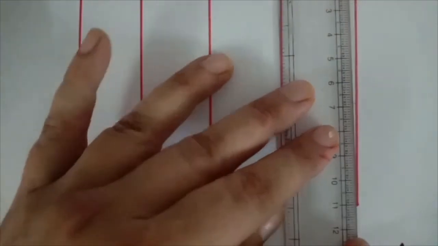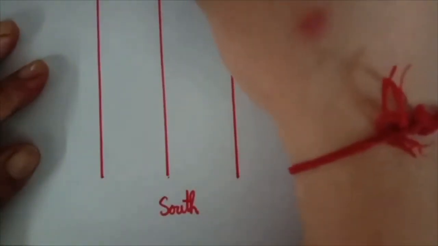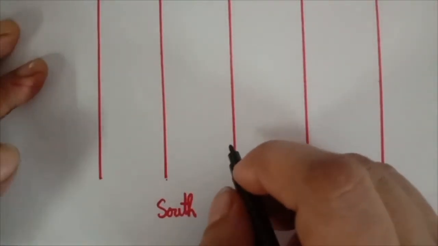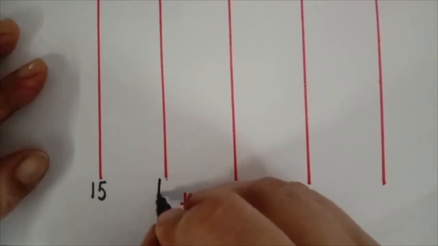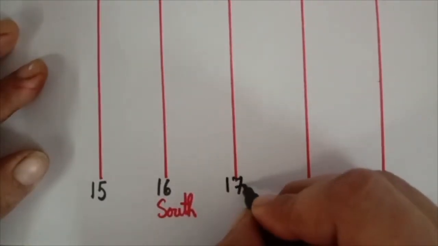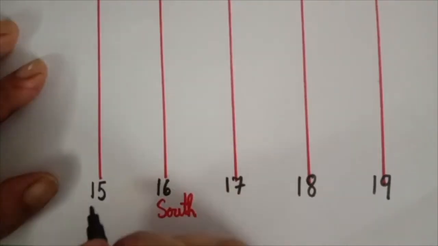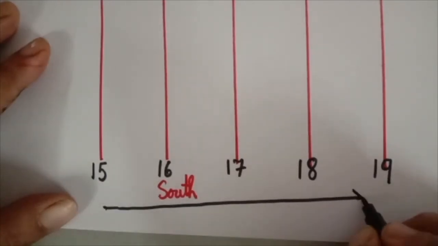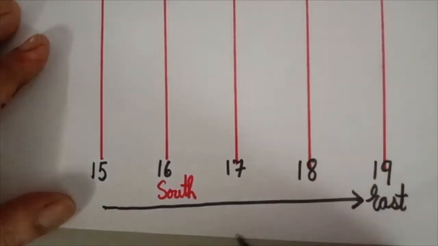But children, when we number them, for example, we number the first line as 15, second as 16, third as 17, fourth as 18, fifth as 19, we'll notice that their values are increasing towards east. Hence, these lines are called as eastings.